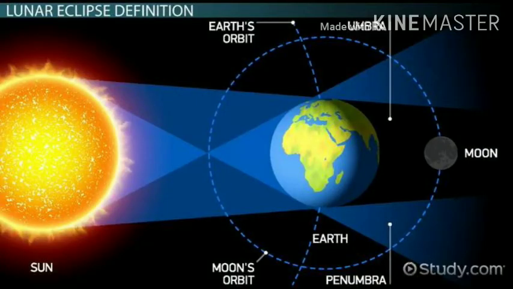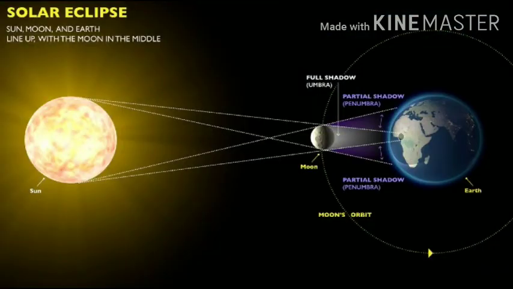Now, we will see the figures. Total solar eclipse and total and partial lunar eclipse. The characteristics of solar eclipse. A solar eclipse occurs on a new moon day, but not on every new moon day.